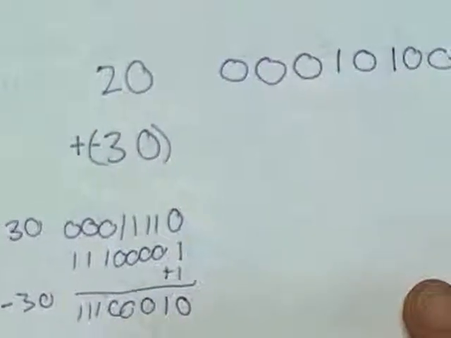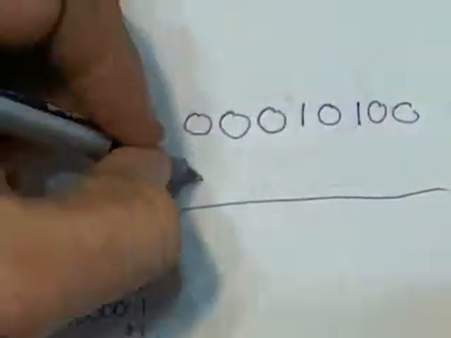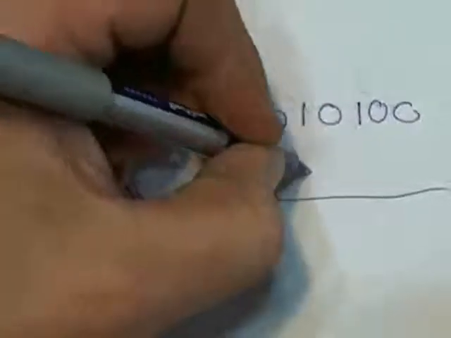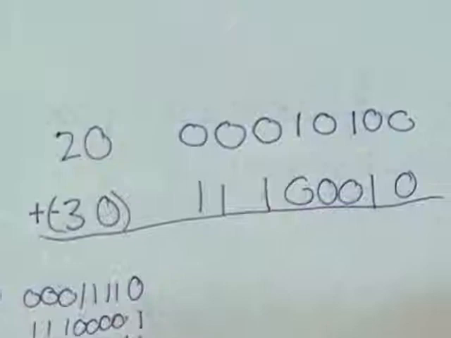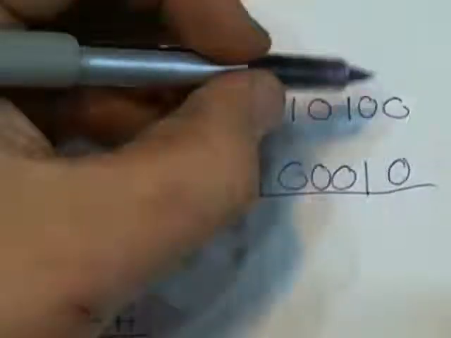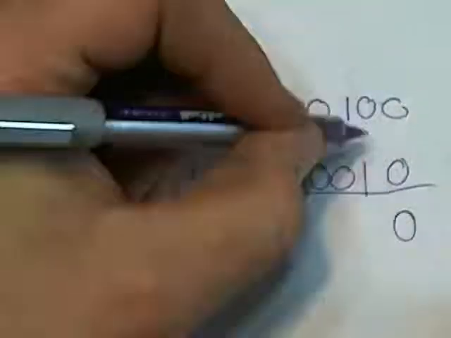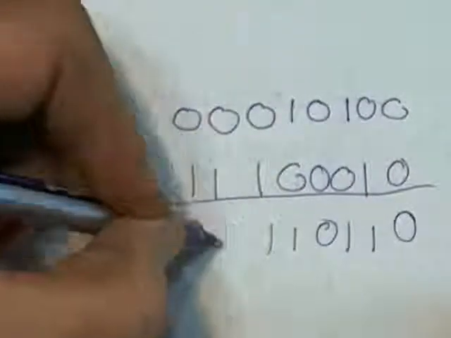So I'm going to take negative 30 and transpose it into my problem up above. 1, 1, 1, 0, 0, 0, 1, 0. This is 20. This is negative 30. Let us add. Here we go.